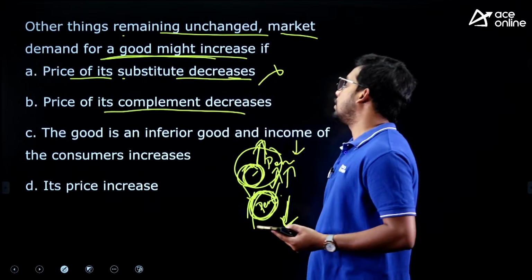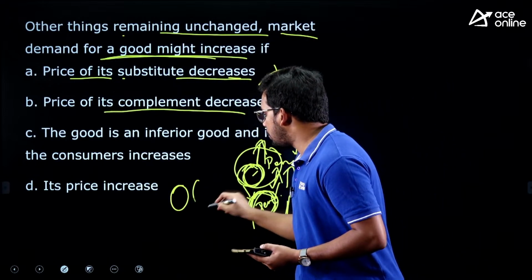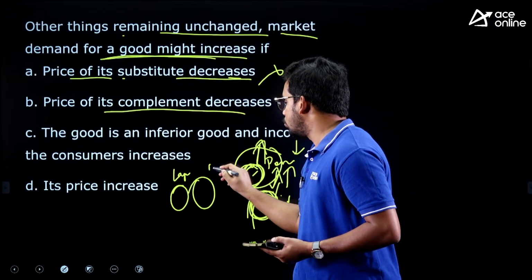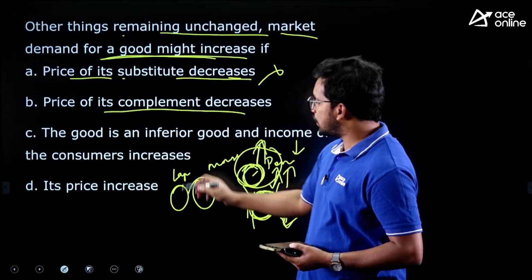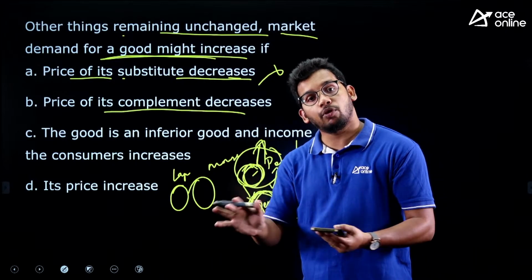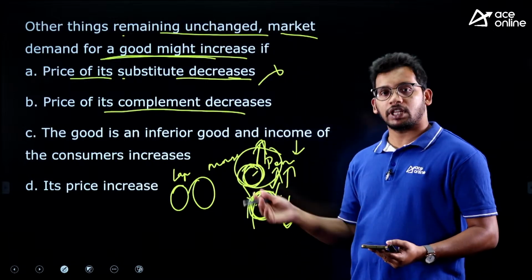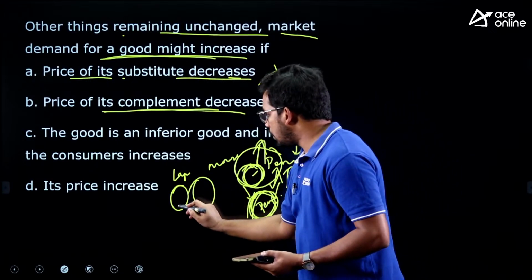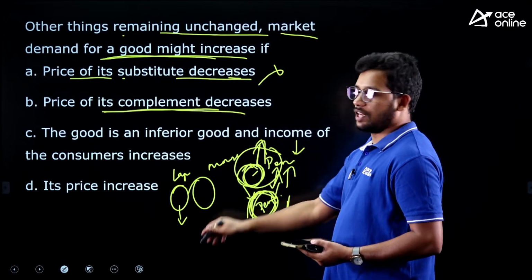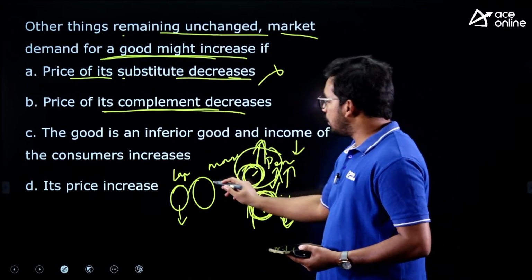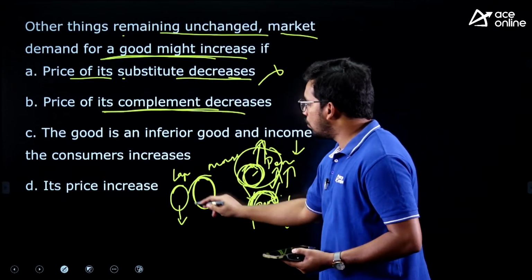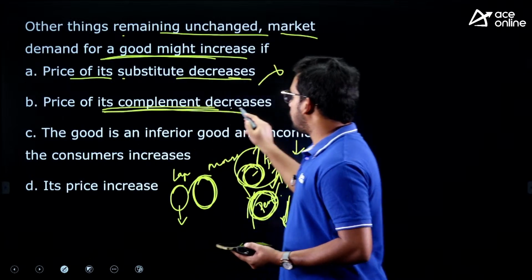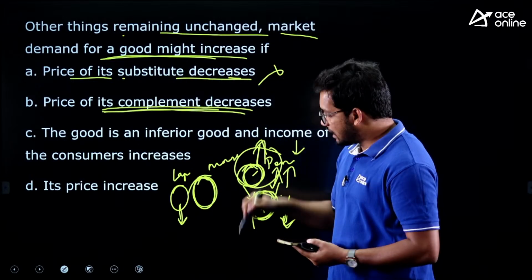Next, the price of its complement decreases. We have two complements, like a TV and remote, or laptop and mouse. These are complementary, I mean, you can use them only in combination. You cannot substitute; both are required to work, right? Say the laptop price has decreased.